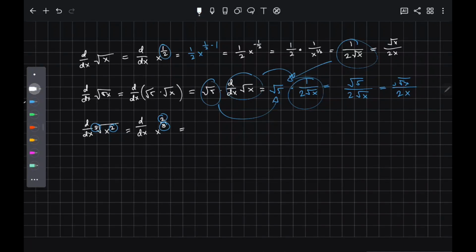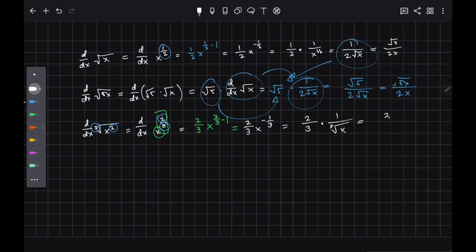Okay, so again, just using the power rule, we copy n, that's 2/3, copy x, then 2/3 minus 1. So that is equal to 2/3 x. 2/3 minus 1 is negative 1/3. Therefore, our derivative could also be written as 2/3 times 1 over the cube root of x.